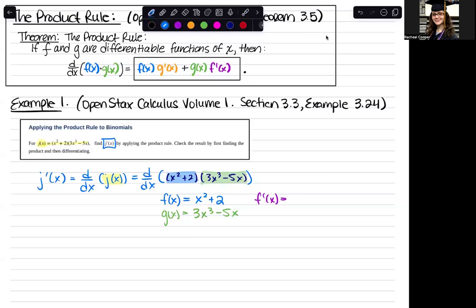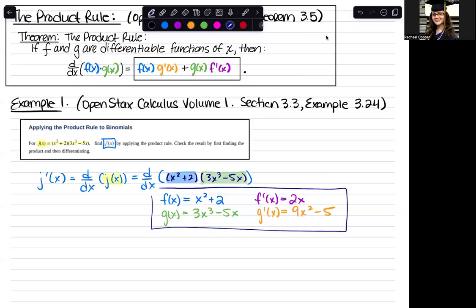So the first function, x squared, has a derivative of 2x. The second function has a derivative of 0, but generally when we have plus 0, we just don't write it. Then next, we have the derivative of 3x cubed minus 5x. This is another product rule, 9x squared minus 5. Go back and review that product rule if you need to.